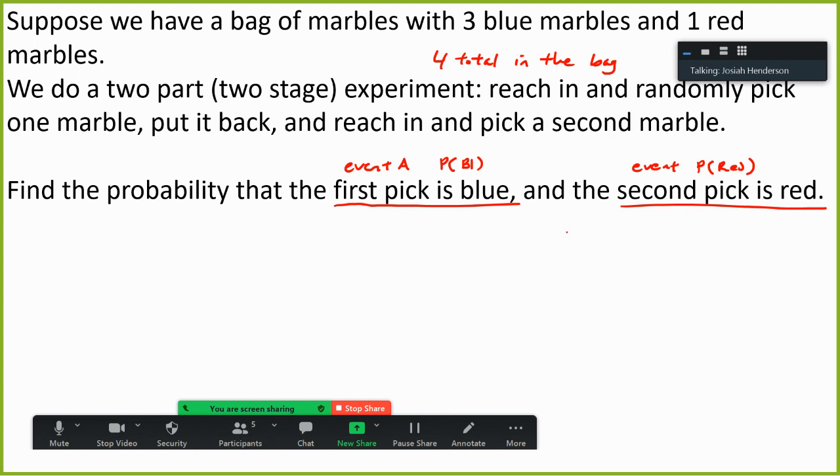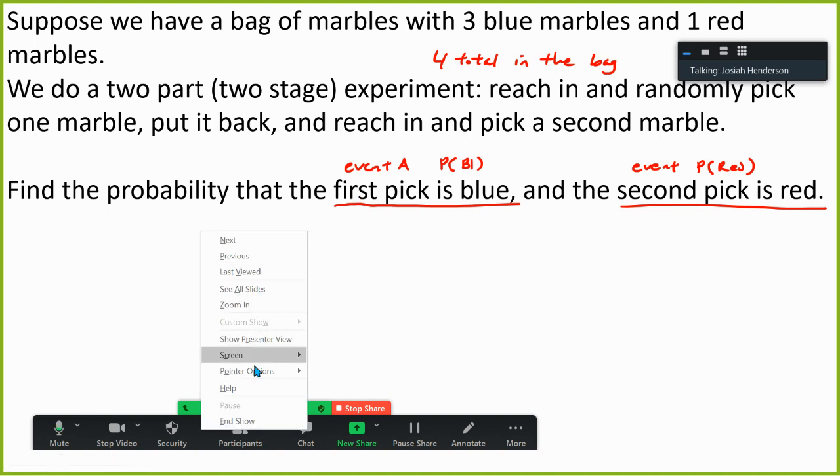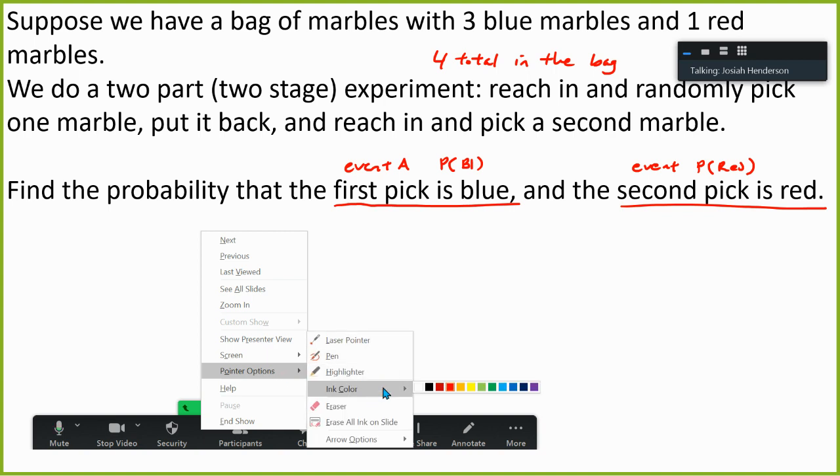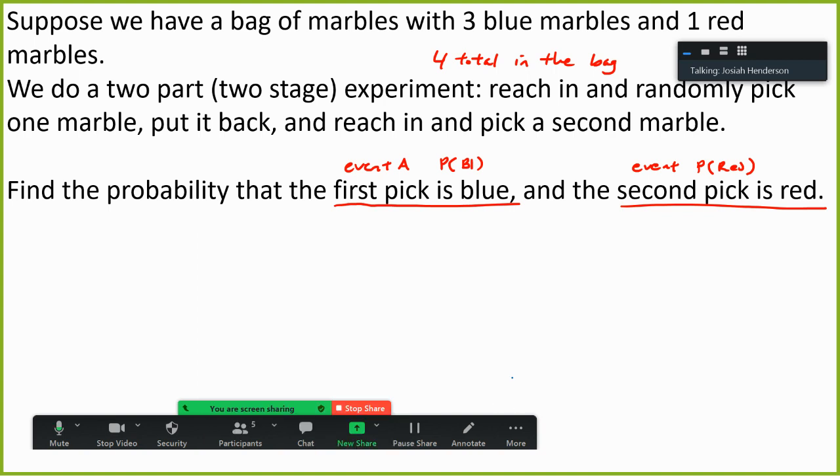So I want to model this with a tree diagram to see all of our total outcomes. Let me go ahead and change my color so it doesn't get too confusing here. With blue, there's 3 blue marbles in the bag, right?